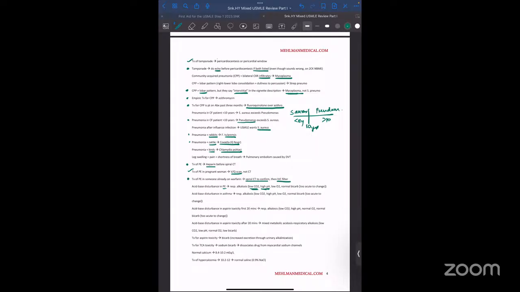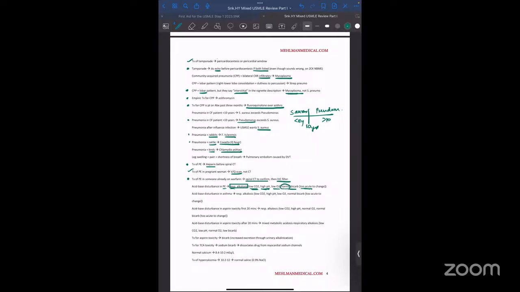But they still cannot get oxygen because of the embolism. So low oxygen, normal bicarb because it's a respiratory condition, too acute to change by the kidneys. So again, acid-base disturbance in PE is respiratory alkalosis: low CO2, high pH, low O2, normal bicarb.